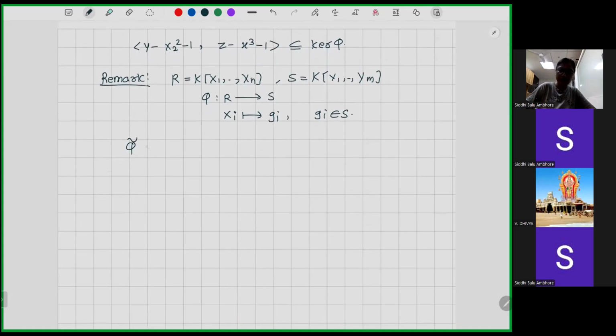We define this phi tilde from T, which is the polynomial ring in y1 to ym and x1 to xn, to S. Then again I define xi goes to gi, because our original elements must go to whatever we wanted, and now we have added these yi's, right?